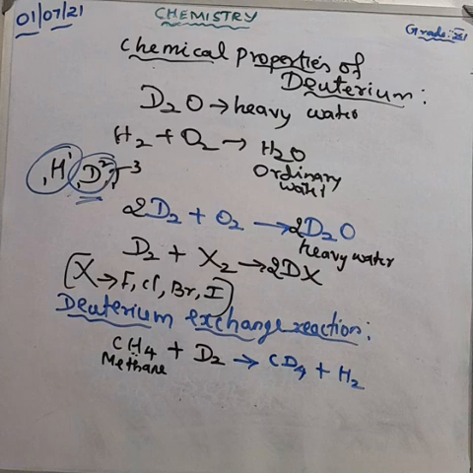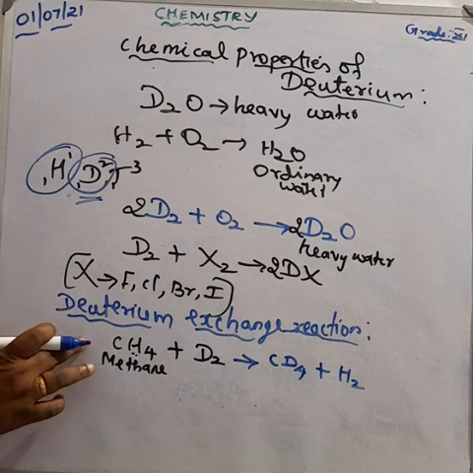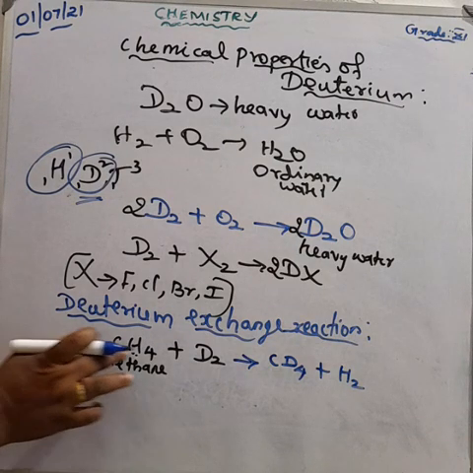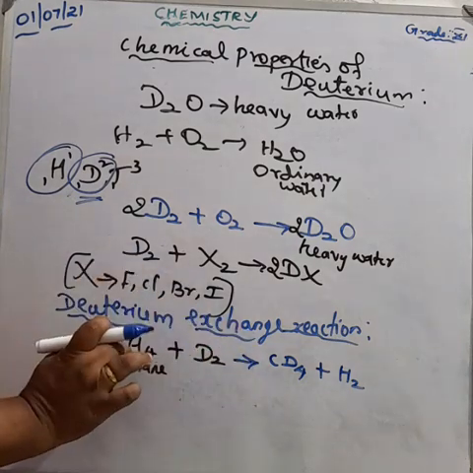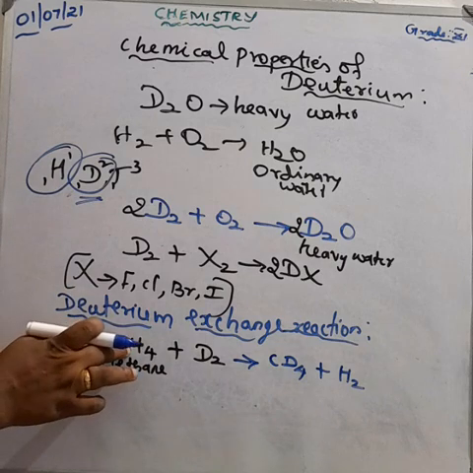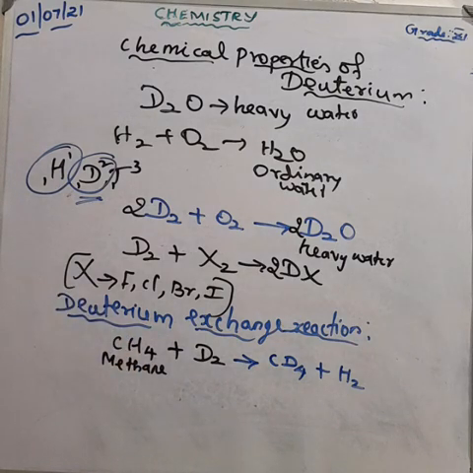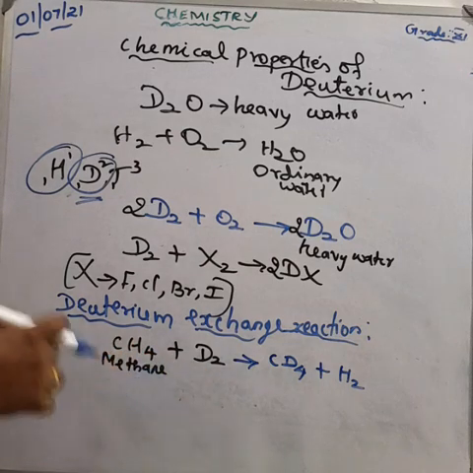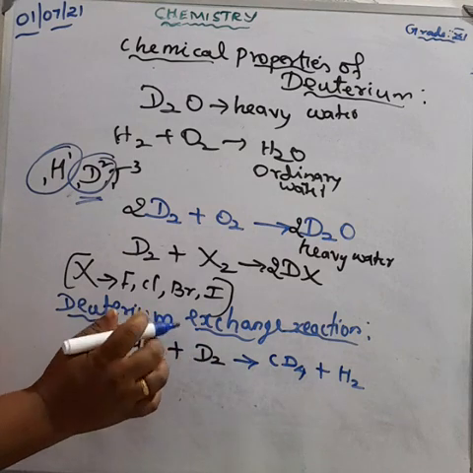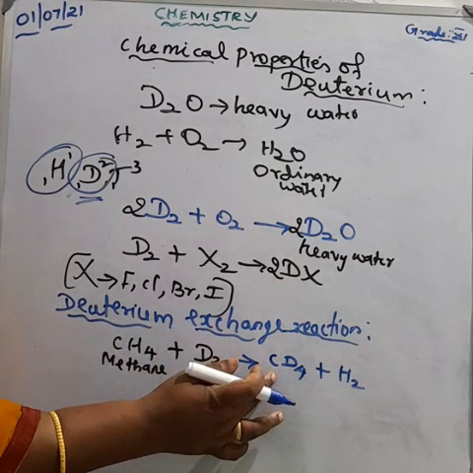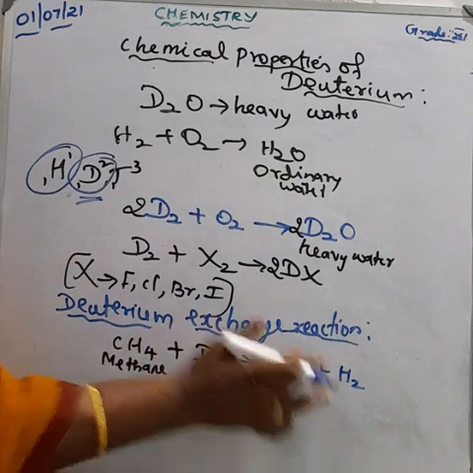Understood? So what is the important chemical property of deuterium? The deuterium atom can replace the hydrogen from its compound. For example, methane, CH4, is a hydrocarbon compound. When it combines with D2, the D2 can exchange the hydrogen to form CD4 and release hydrogen gas.